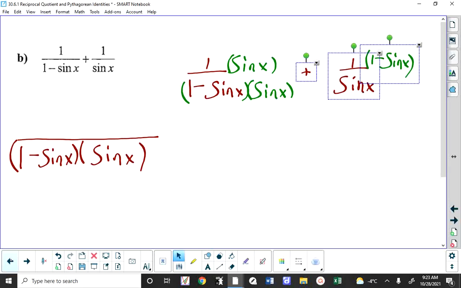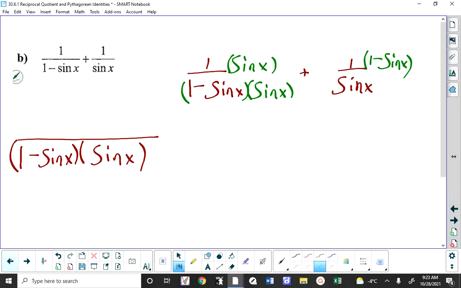Didn't plan ahead very well here. Which is, of course, something you would need to show on a written response question. So what I get for the top of the first fraction will be sine of x. And then I have plus what I get for the top of the second is 1 minus sine of x.